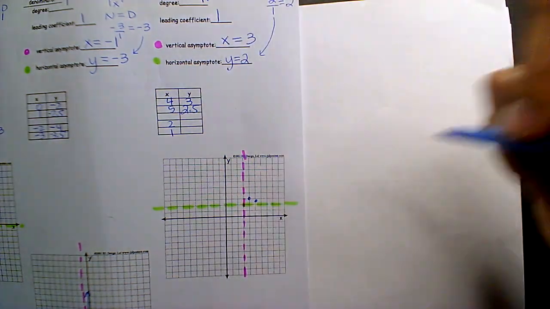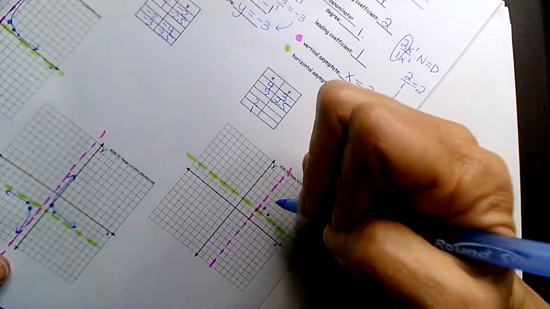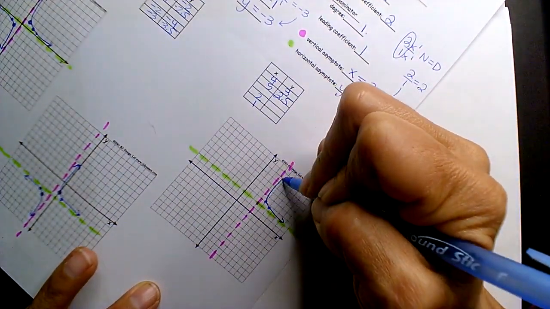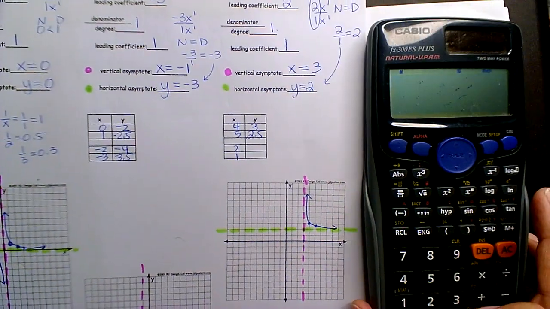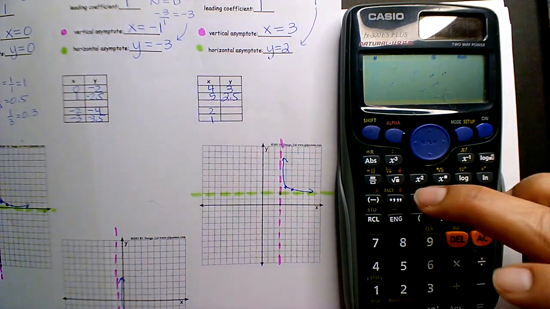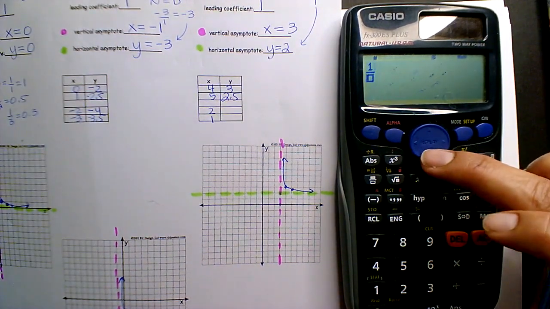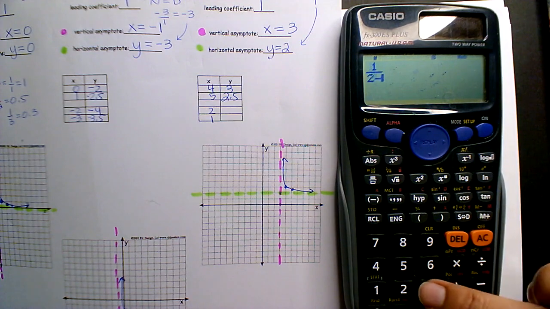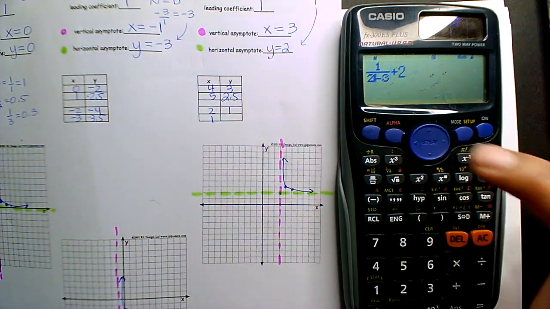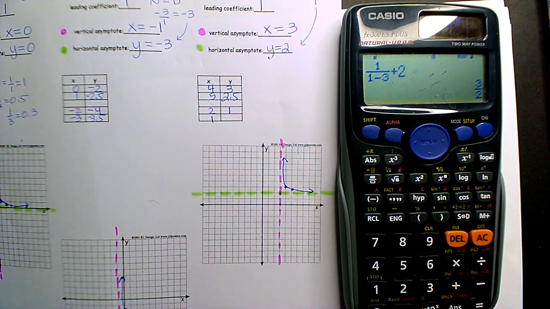So hold on. All right, and then substitute, oh, I didn't mean to delete it. 2 minus 3 plus 2, 1, and 1.5.